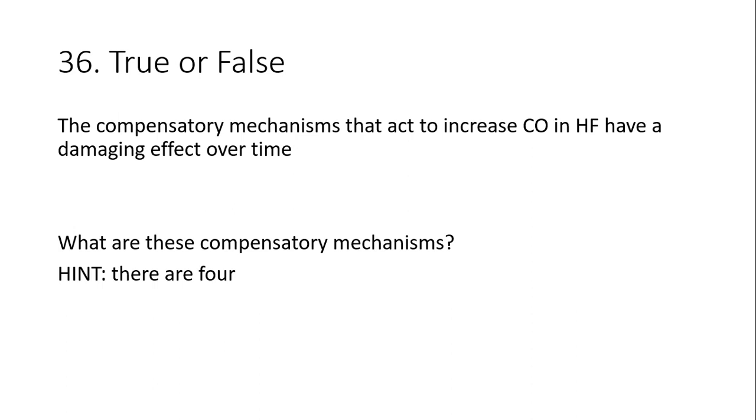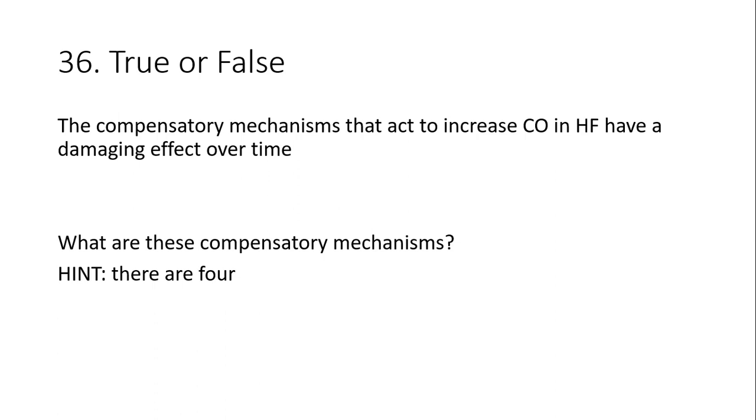So first, our sympathetic, that's the most immediate response, is a sympathetic stimulation because we have decreased tissue perfusion. So what that does is it jacks up our heart rate, causes vasoconstriction, increasing blood pressure. And the thing to understand here is the only thing that the body is recognizing is that blood and oxygen is not getting where it needs to go. It doesn't realize that the issue is pump failure with the heart.